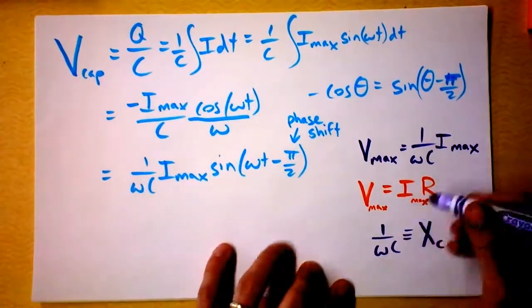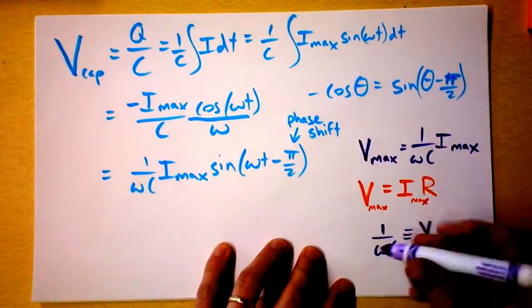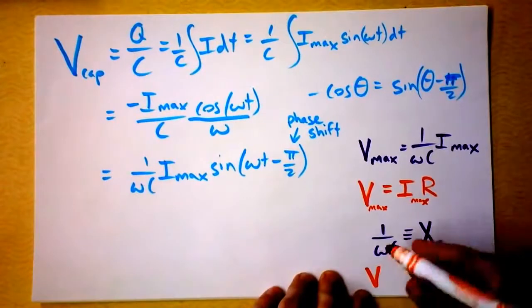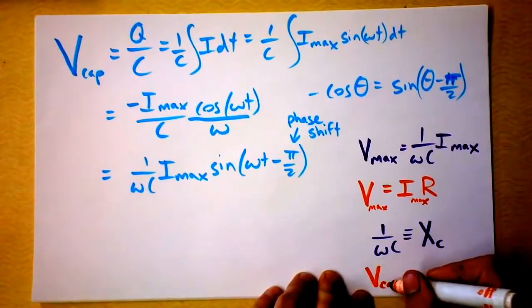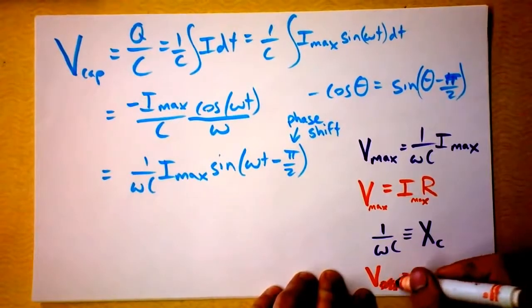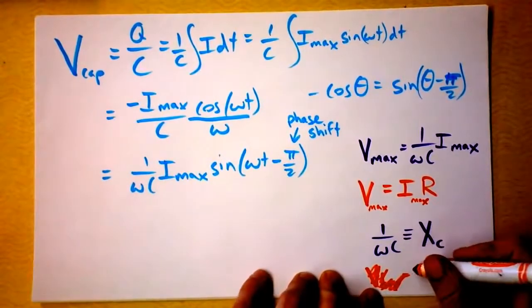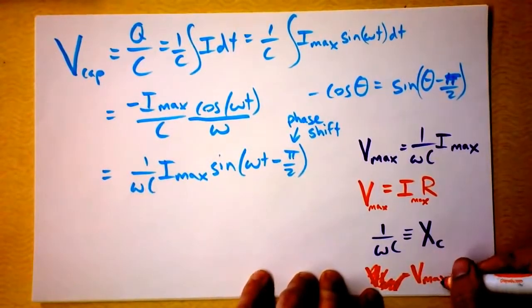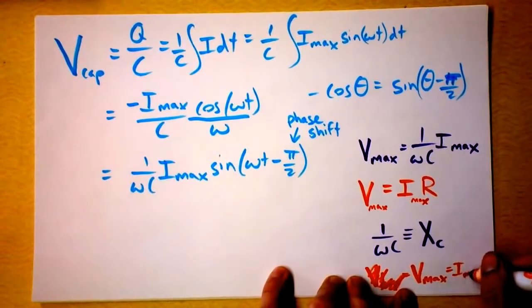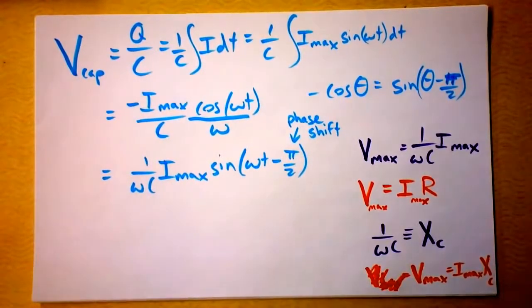So we have this analogy of Ohm's law for capacitors: the voltage on a capacitor is, and I have to put maxes or RMSs in here because it's not an instantaneous equation at all, I max times the capacitive reactance.